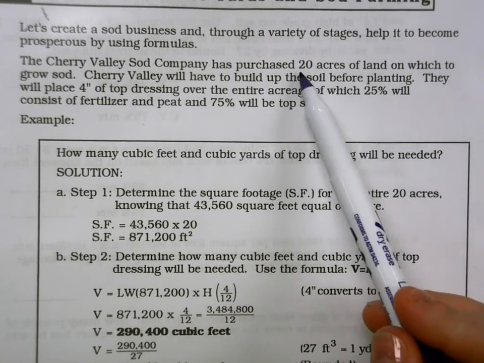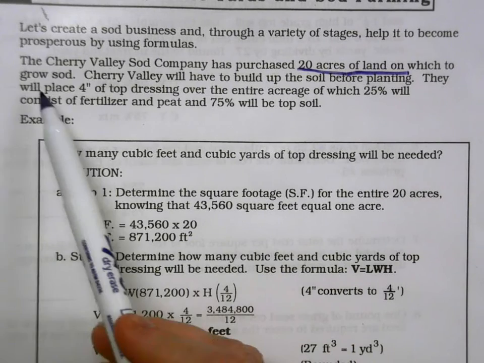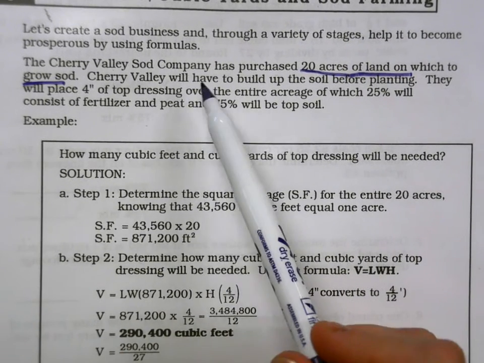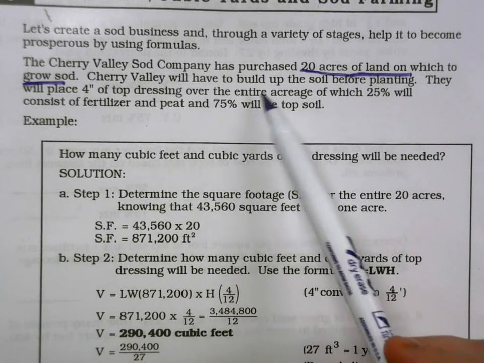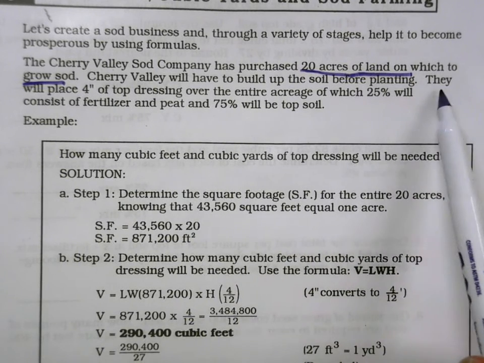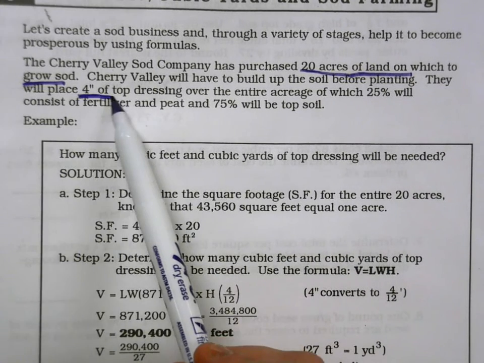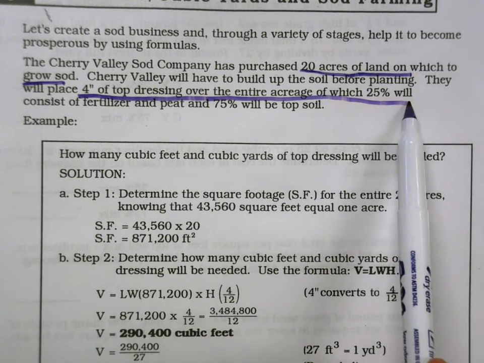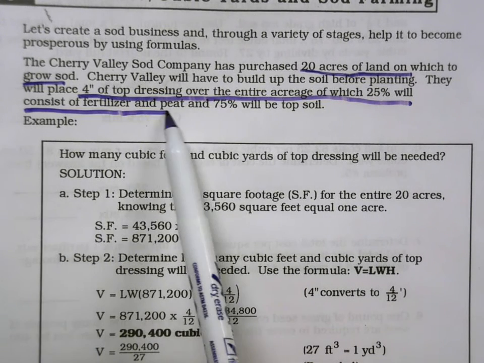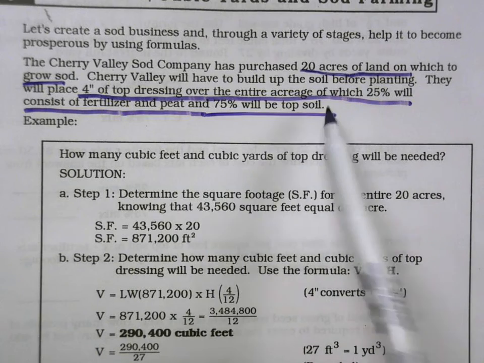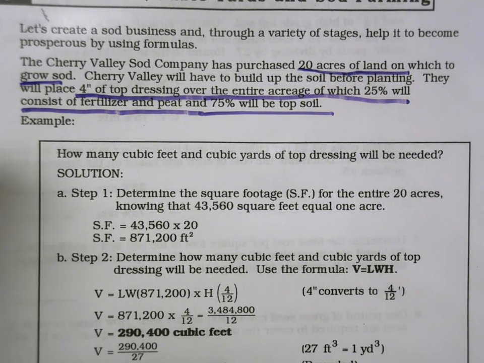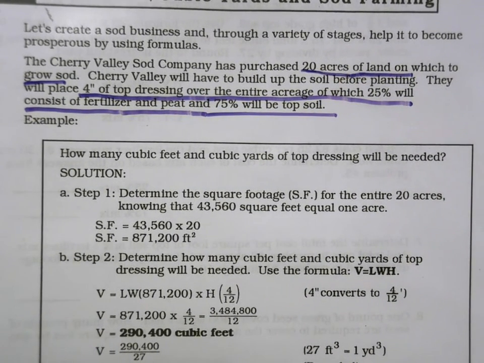So we've purchased 20 acres of land on which to grow sod. Cherry Valley, that's the name of our company, will have to build up the soil before planting. They will place 4 inches of top dressing over the entire acreage, of which 25% will consist of fertilizer and peat, and 75% will be topsoil. Okay, so all of that is there on your paper.